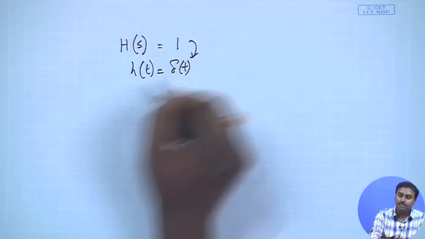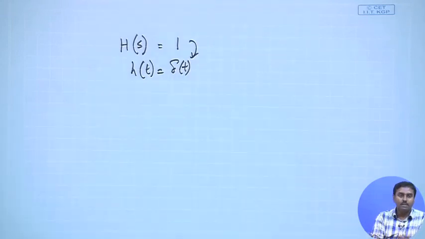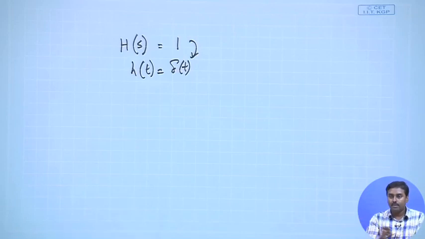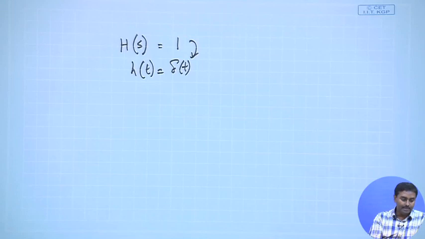Then accordingly I can write h(t) to be a delta function, because H(s) is 1, so h(t) is just the inverse Laplace transform of this, which should be delta(t).